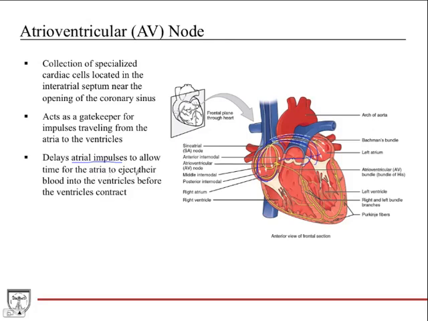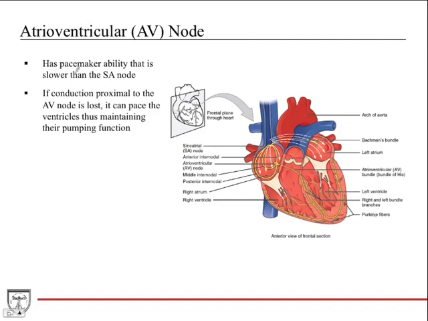That allows time for the atria to fully eject their blood into the ventricles before the ventricles contract, which allows for proper filling. So the ventricles have the maximum amount of blood in them necessary, and then they're allowed to contract. You delay this signal, and then it moves on and stimulates the ventricles to contract after they've filled.